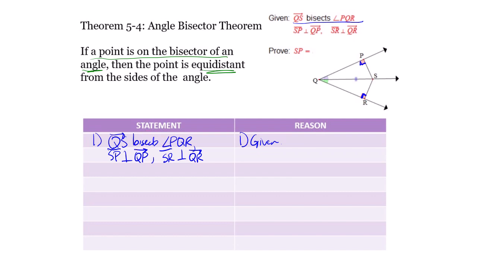Bisects, just like we talked about on the last slide, means that it creates two congruent angles, right? So we know that this angle is congruent with this angle. So we can say angle PQS is congruent with angle RQS, and that's by definition of angle bisector.